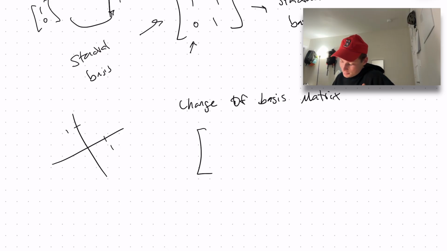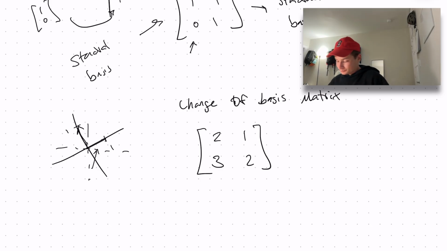So this might be like 2, 3, and 1, 2. I don't know. That's kind of what I think these look like if we were to overlay our standard basis and see what these vectors are. Not quite, but you see what I mean. Okay, so this is the change of basis matrix.